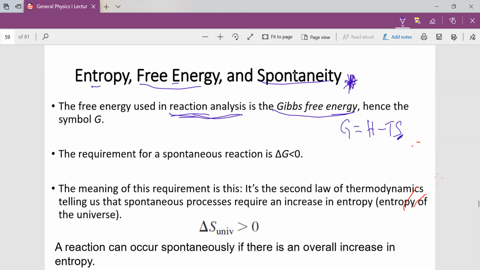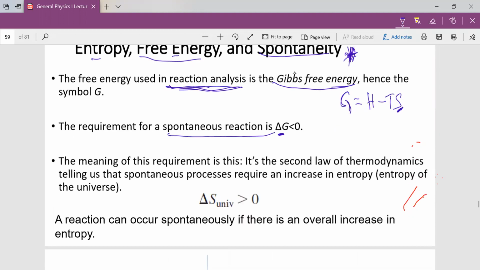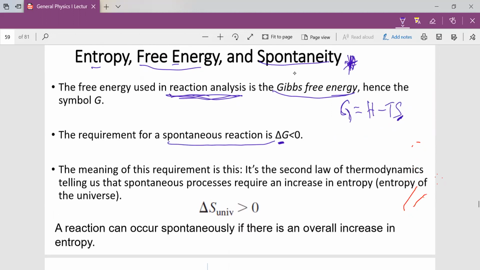Now, the principle of reaction analysis says that the requirement for a spontaneous reaction is that the change in Gibbs energy must be less than 0. So whenever we want to describe reversible and irreversible processes, we want to understand the energy exchange in such a system, and we apply this rule that the change in Gibbs energy is going to be less than 0.